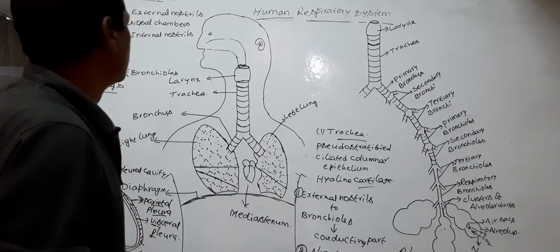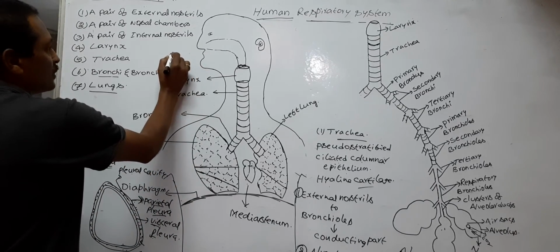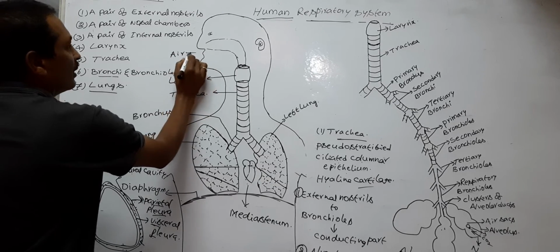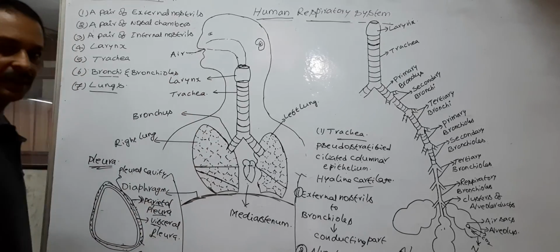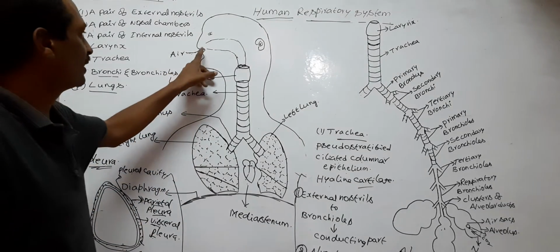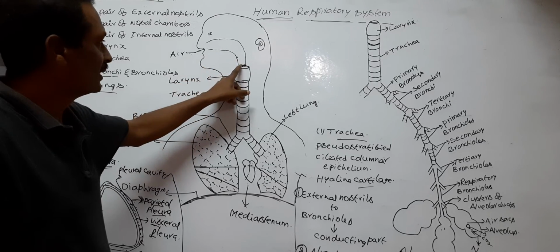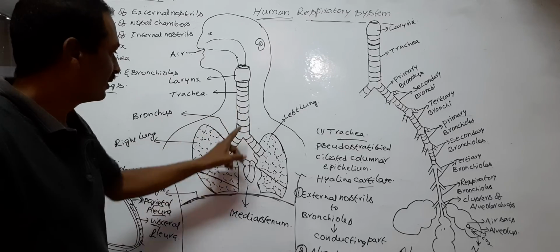Here the air from the atmosphere enters into the external nostrils. From there, it travels through nasal chambers, internal nostrils, larynx, trachea.